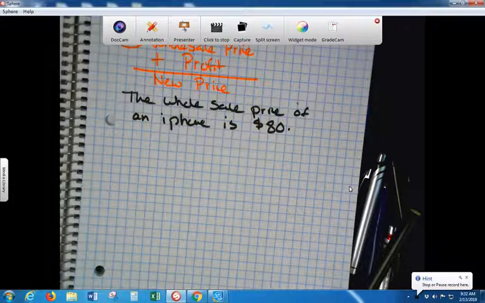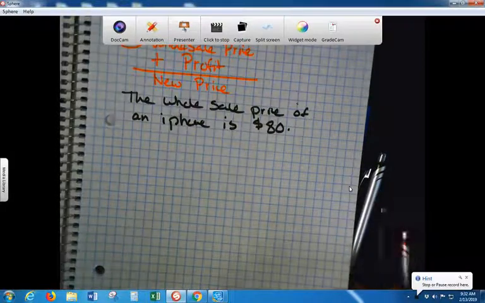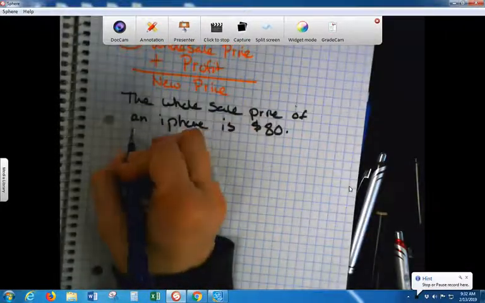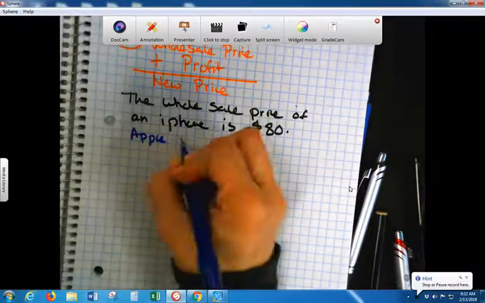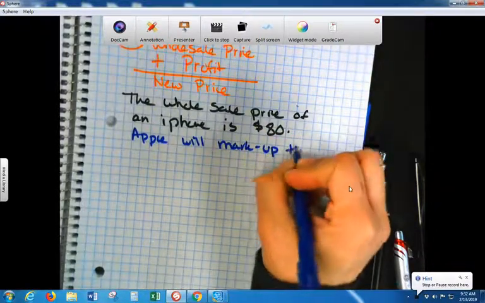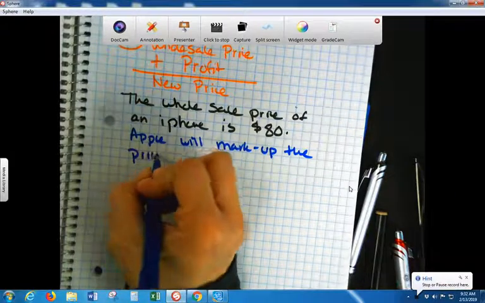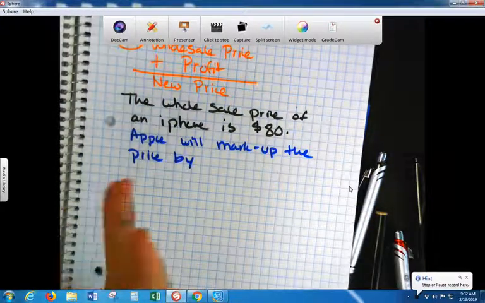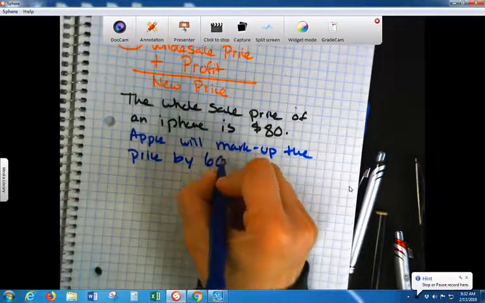Okay, so let's say that Apple will mark up the price by, let's say, 600%.